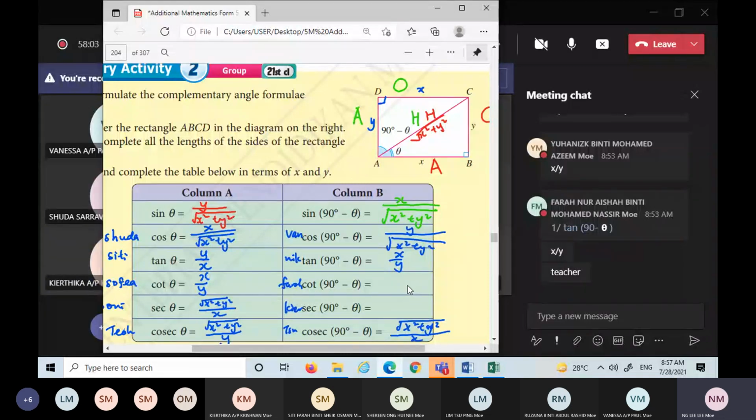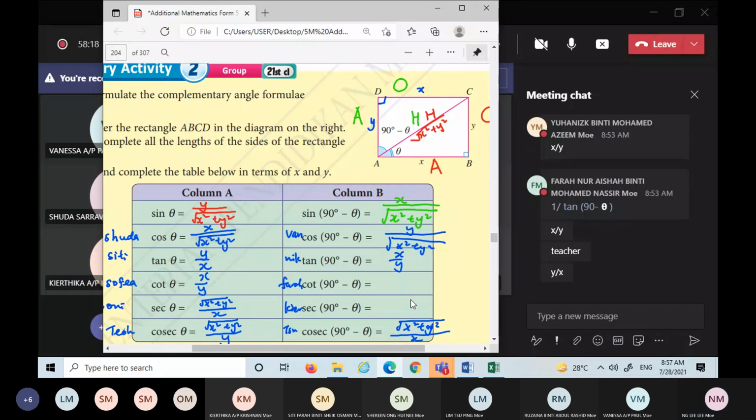Kritika says the square root of x squared plus y squared over y. Okay, thank you. Yes, Farah, y over x, the reciprocal of tangent. Finally.